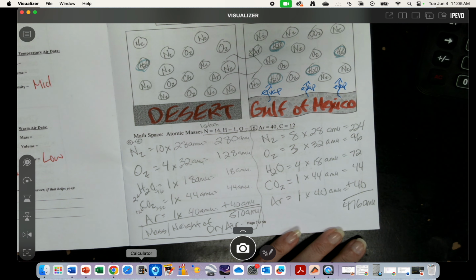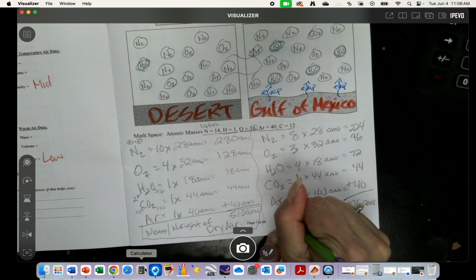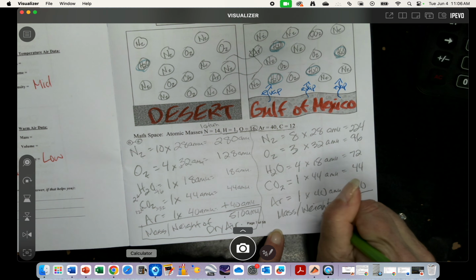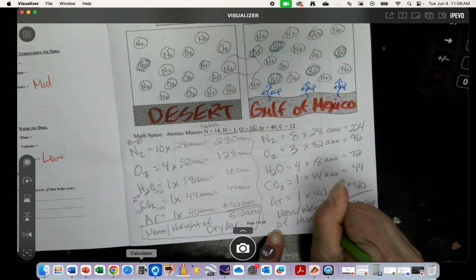Does everyone agree with what Nola said before? Like, doesn't humid air feel heavy? Is it heavy? No. So contrary to how humid air makes us feel, this is the mass or weight of humid air.